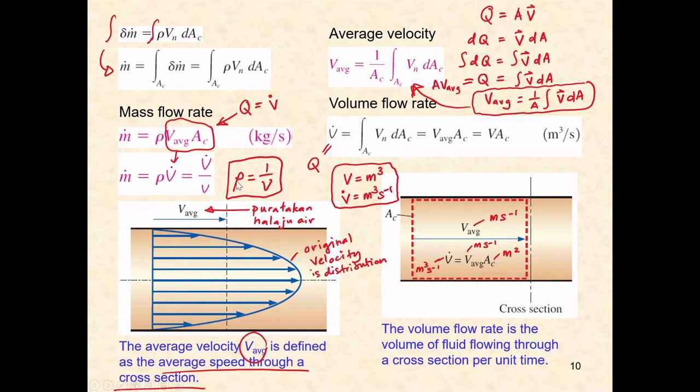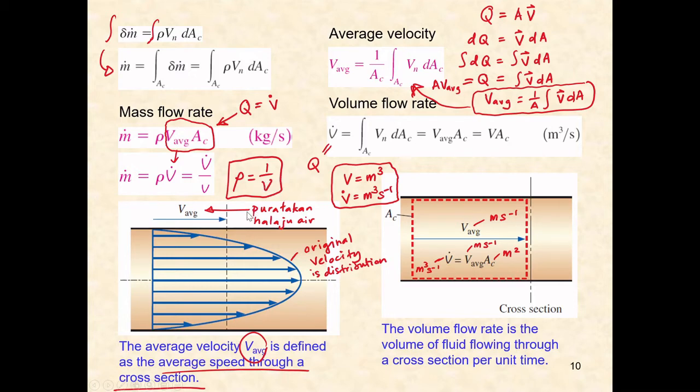The density equals 1 over small v, or in another way, small v is the volume divided by the mass. If you invert it, you get the specific volume.